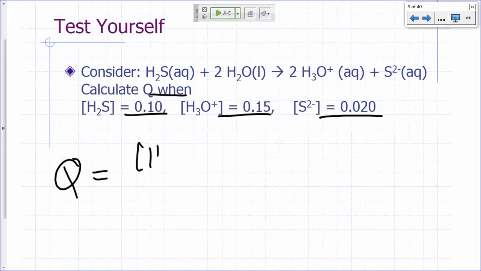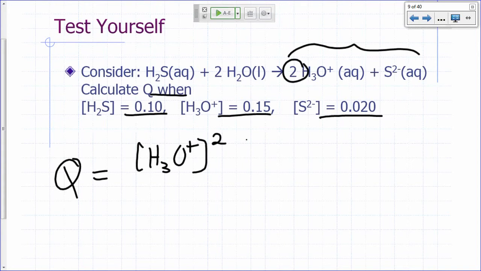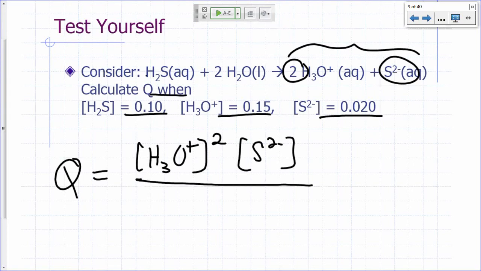It's going to be H3O plus raised to what power? Products over reactants, right? Raised to the power 2. Concentration of, what's the other product? Sulfide, raised to what power? 1. So I don't have to write 1, right? Over H2S.